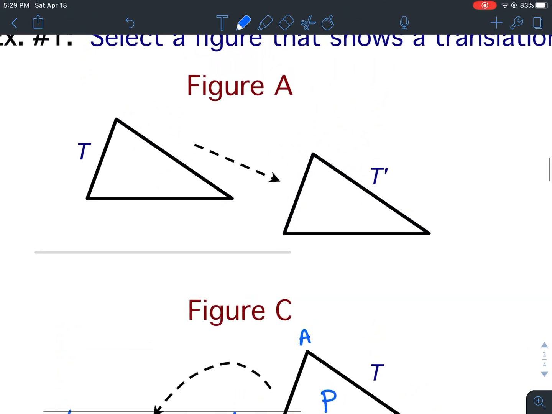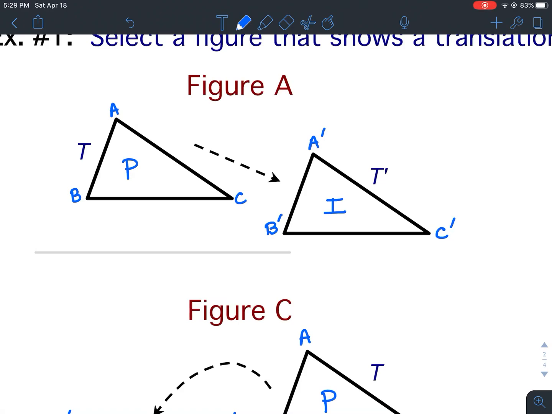So that leaves us with figure A. This would be our pre-image. This is our image. Let's label this A, B, C. A prime, B prime, C prime. Do they have the exact same orientation? They sure do.